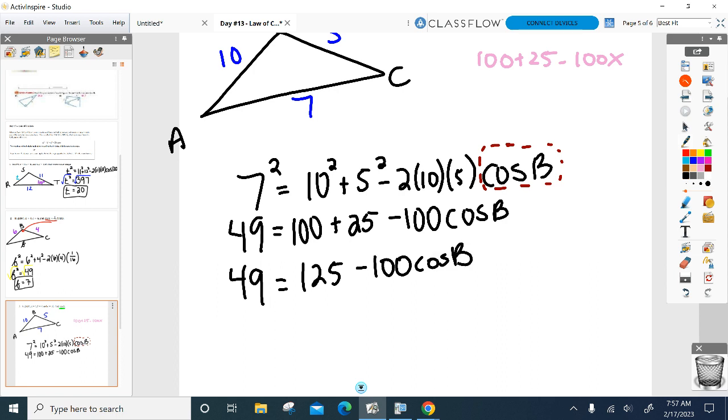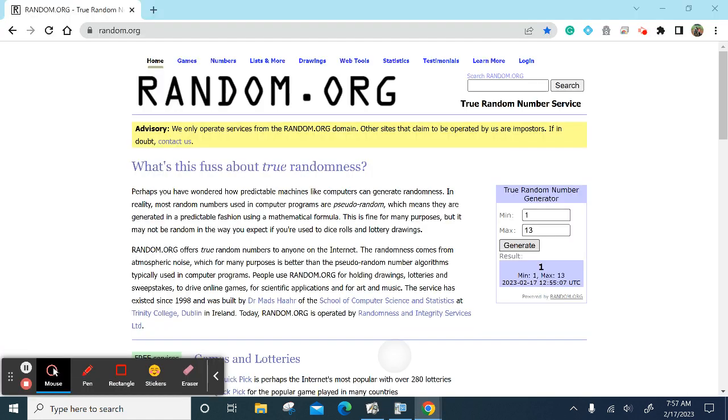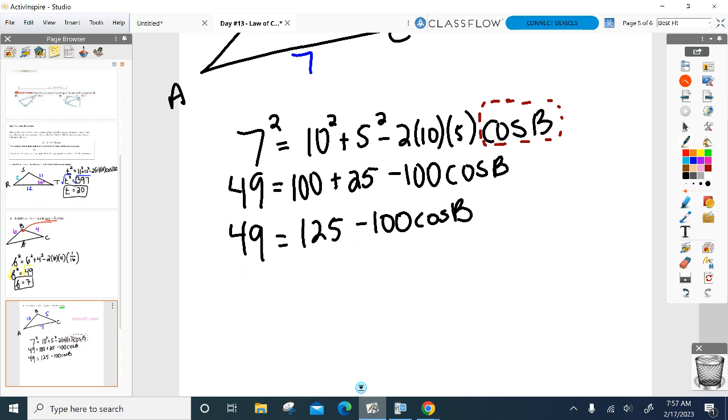But I still need cosine B by itself. So now I'm going to ask your help. Move some stuff over to get cosine B by itself. What do you think you have to move over here? First thing you got to move over. I want cosine B by itself. 125. Good. How are you going to move it over, Kier? Subtract. Nice job. Get the 125 subtracted over.